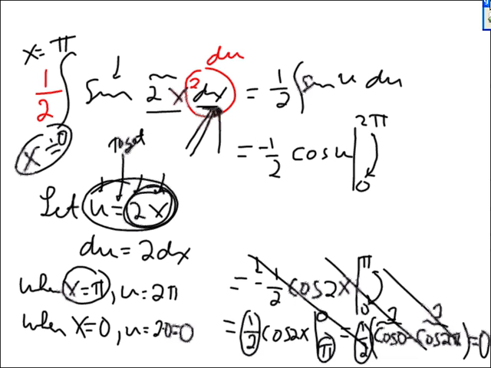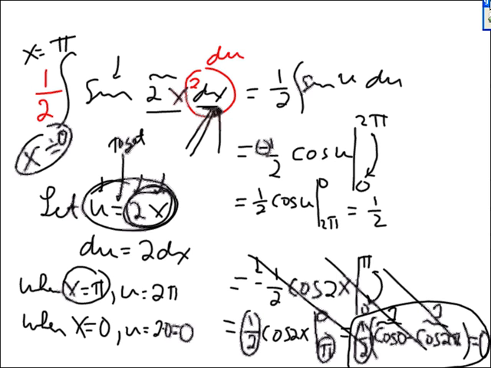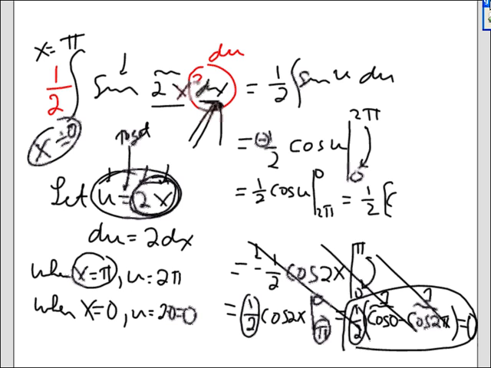Switch the limits, because I just hate negatives in front. 1/2 cosine of u from 2 pi to 0. Factor out the half. And notice, I'm going to get exactly what I have on the bottom. You have cosine of 0 minus cosine of 2 pi. Both of these equal 1. 1 minus 1 is 0. A half times 0 is 0.